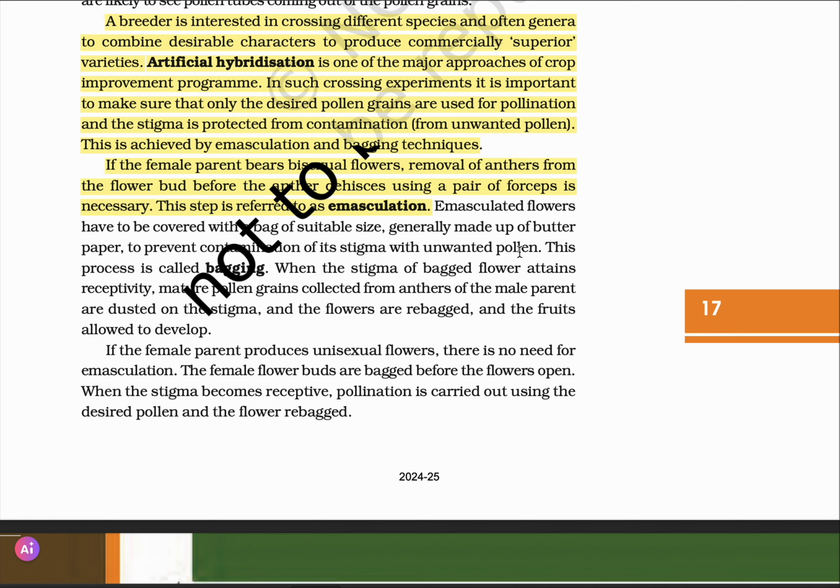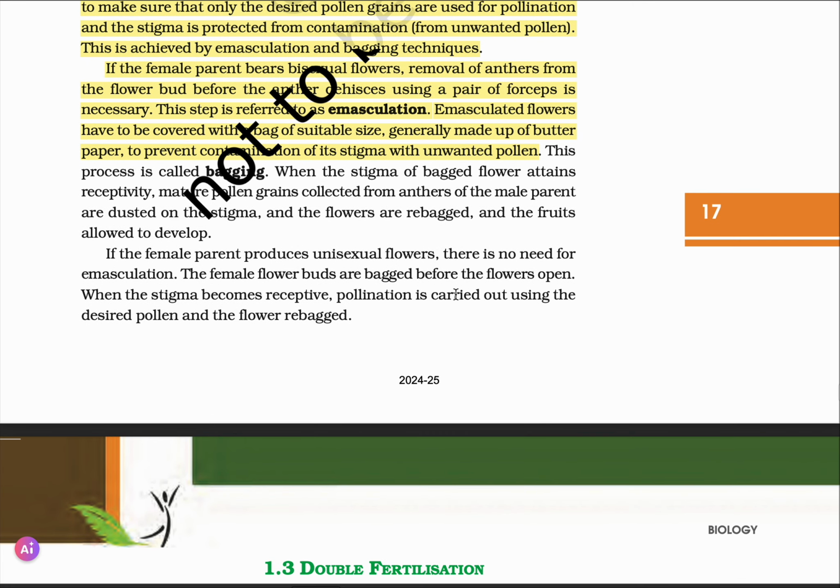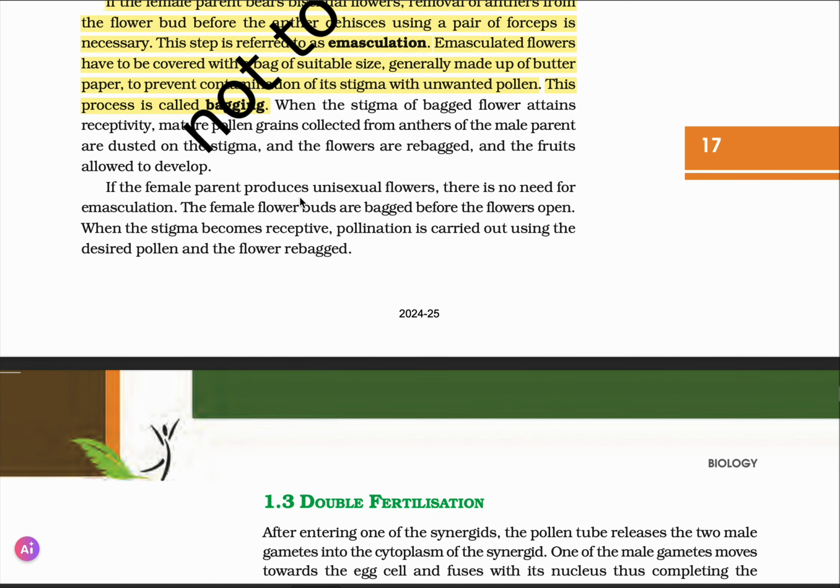The bag is usually made up of butter paper and it prevents the entry of unwanted pollen. When the stigma of the bagged flower attains receptivity, the pollen grains of the desired male parent are dusted on the stigma, the flower is rebagged, and the fruit is allowed to develop.